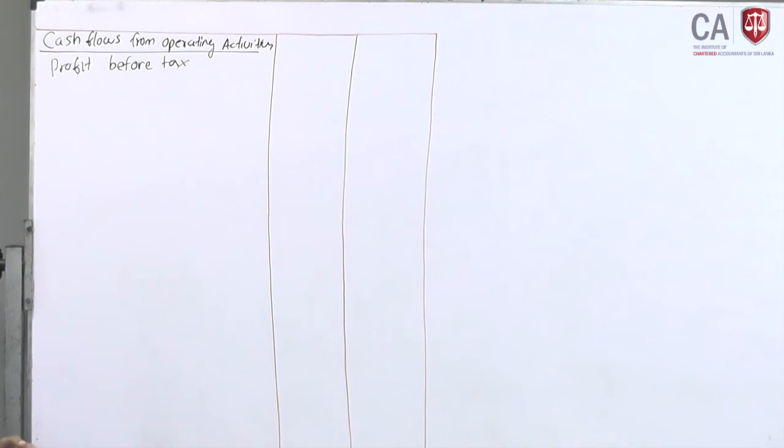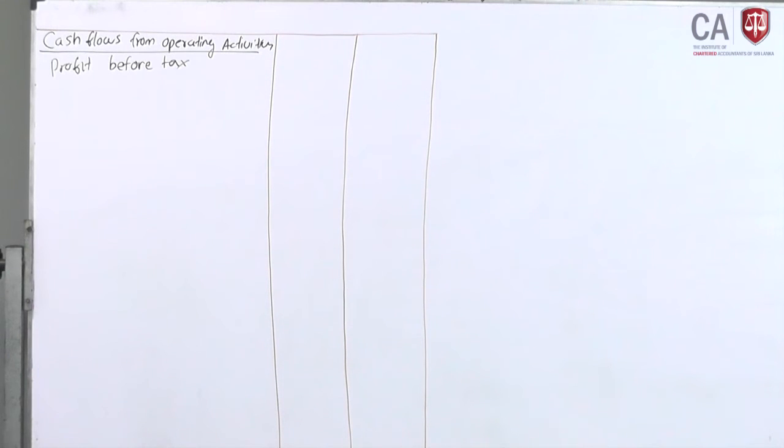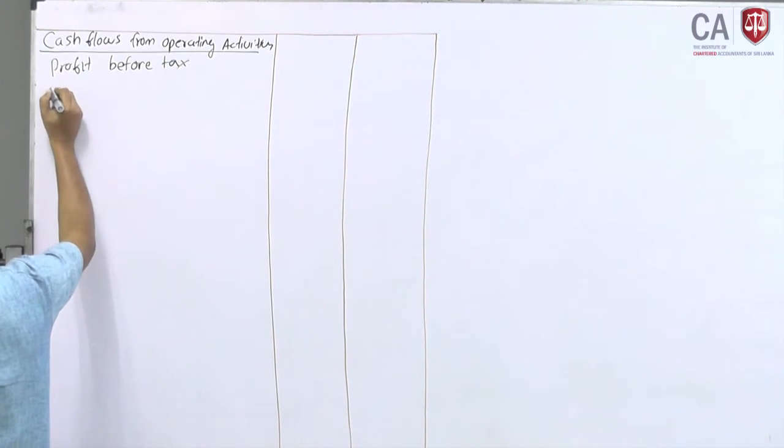This is on accrual basis. So, now we start transforming this from accrual basis to the cash basis. So, how many adjustments to be done? Three adjustments. What are these three adjustments? Non-cash, deferred and accrued adjustments.